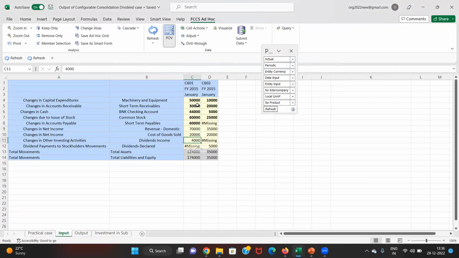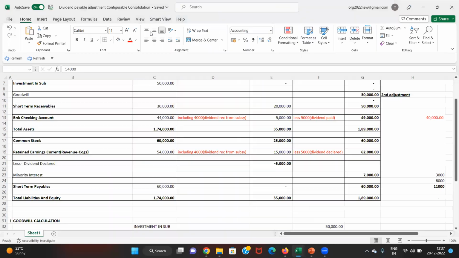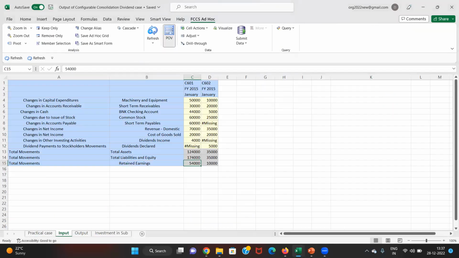I'll just create another retained earnings account as well so that we can easily relate to it, and keep the same total movements. See, the retained earnings account is 54,000, which is the same as in our use case. So that is also correct.